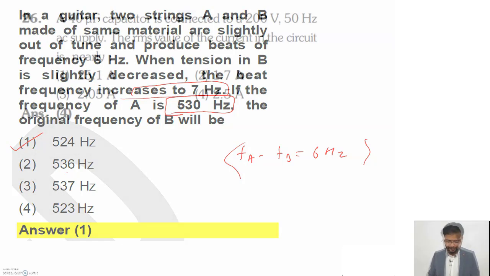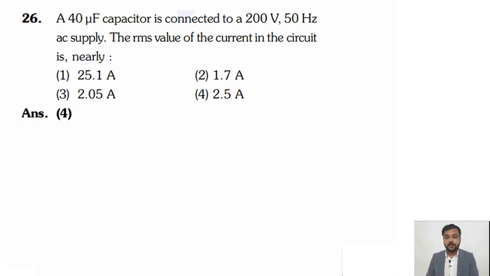Okay, let's see this question. A 40 microfarad capacitor is connected to a 200 volt 50 Hz AC supply. The RMS value of current in the circuit is nearly... So here capacitance is given.